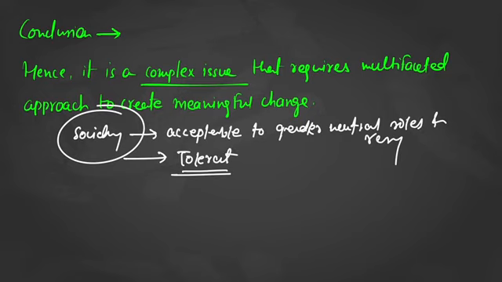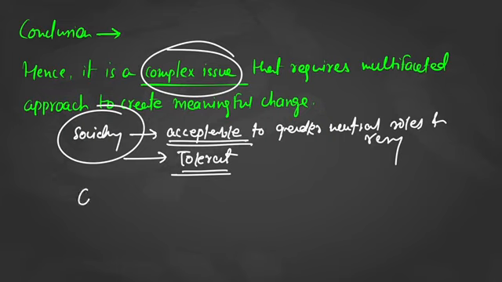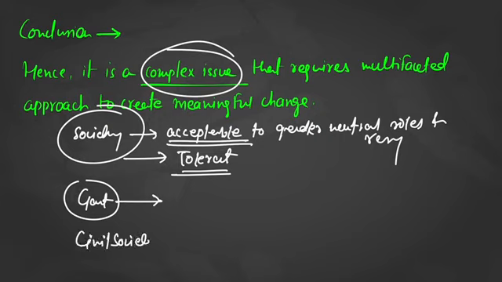Is it okay? Society also has to be tolerant, they have to accept all these things, without which you will not be able to deal with this complex issue. Then you can talk something related to the government. Okay, then you can talk something related to the civil society to create awareness related to mental health campaigns and all.